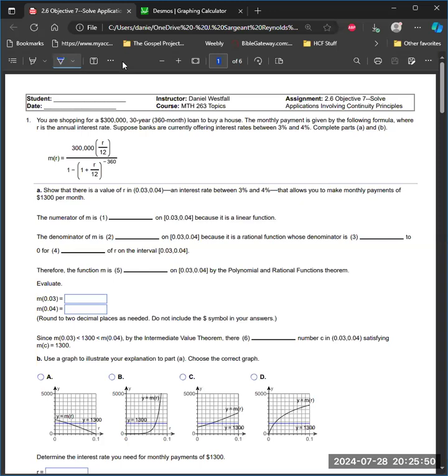The numerator of M is continuous on the interval from 3% to 4% because it's a linear function. The denominator of M is also continuous on 3% to 4% because it is a rational function whose denominator is not equal to 0 for any value of R in the interval of 3% to 4%.